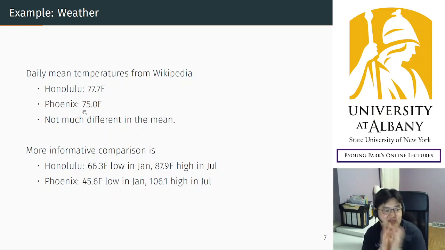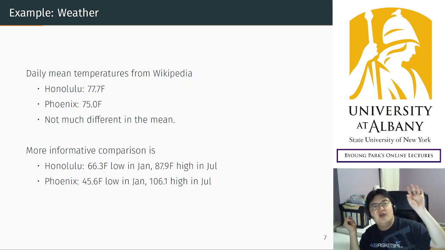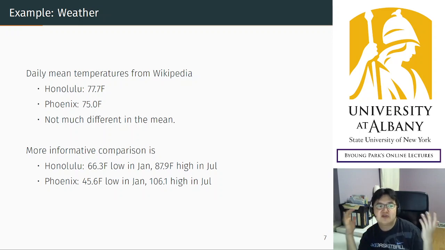Therefore, Honolulu is higher. However, the difference is really small. I don't know the average temperature in Albany, maybe around 50. Compared to Albany, Honolulu and Phoenix are clearly warmer. However, the difference between them is really small in terms of the average temperature.